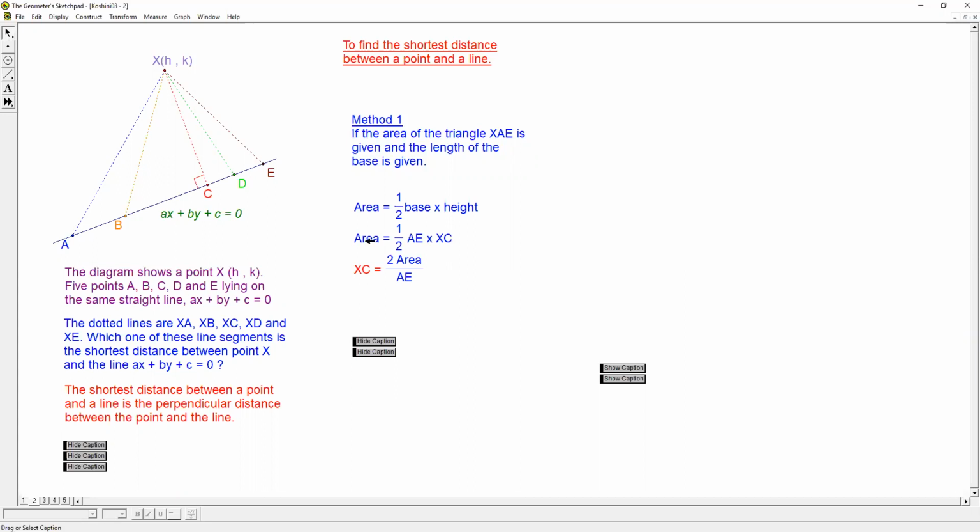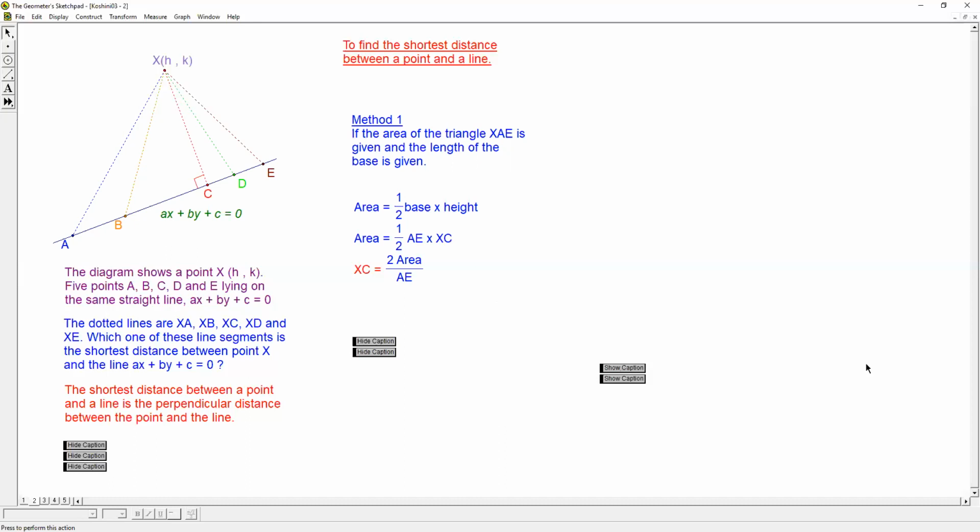You substitute the area and the base inside, and you can find the height of the triangle. That height of the triangle is the shortest distance between the point and the straight line. So far, okay?